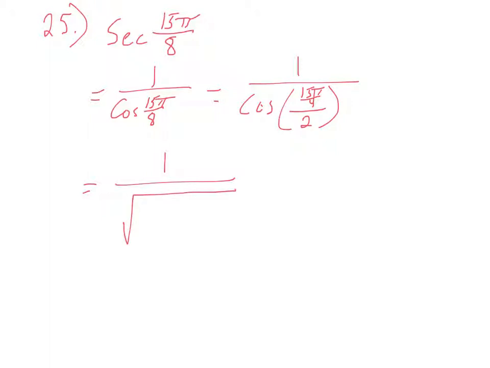Square root. And 15 pi over 8, cosine of 15 pi over 8, what quadrant is that in? Oh no, I take it back, sorry, 15 pi over 8. Well, what quadrant is 15 pi over 8 in?